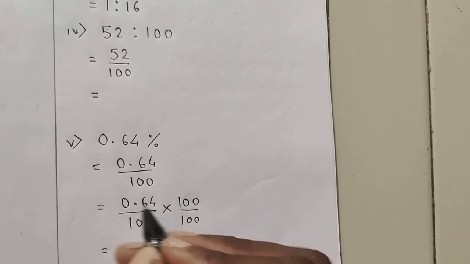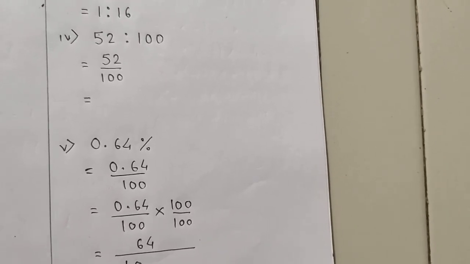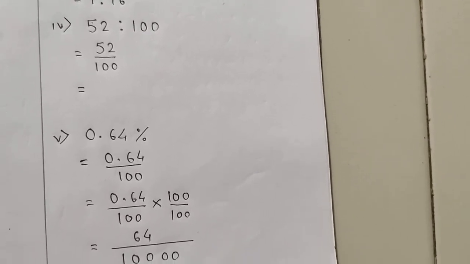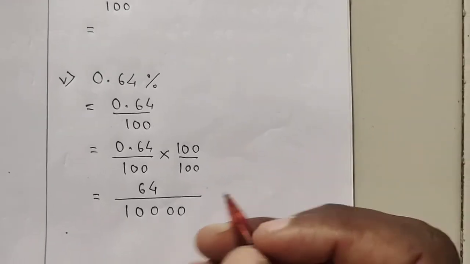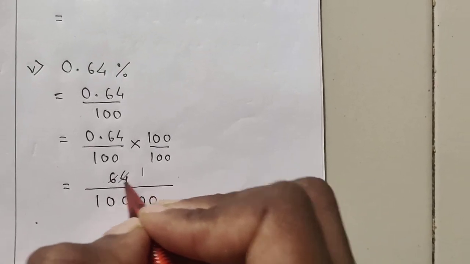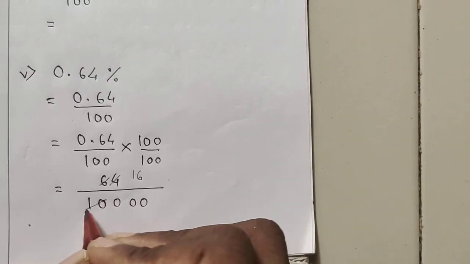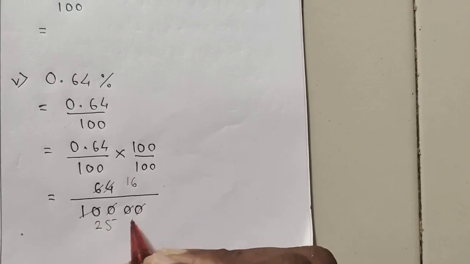If you multiply by 100, in the numerator you have 64 and here 4 zeros. Now do cancellation by 4. 4 1s are 4, 24 is there, so 4 6s, 4 2s are 8, 2 is remaining, 4 5s are 20, and 2 zeros.